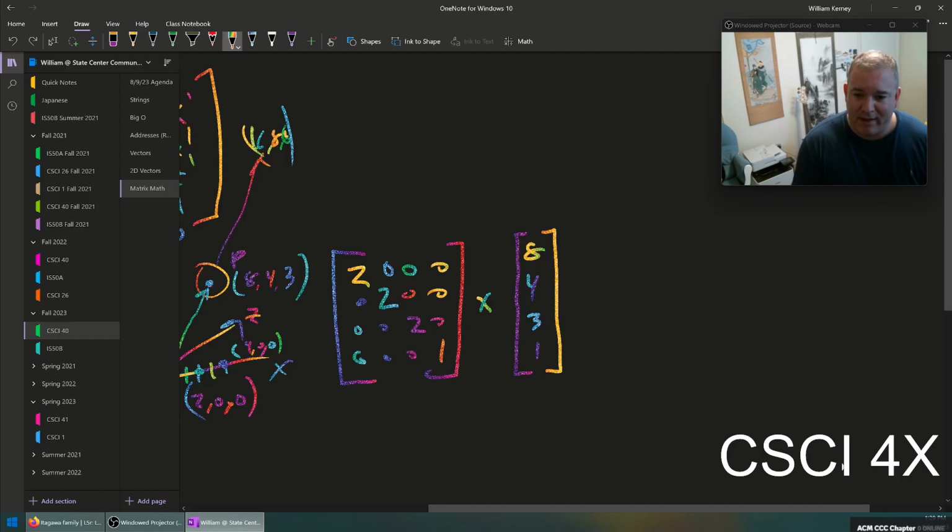So how do we multiply a matrix times a vector? Let me show you the secrets of linear mathematics, how it's done. We're going to take the vector and turn it sideways like this: 8, 4, 3, 1. And we are going to multiply down.